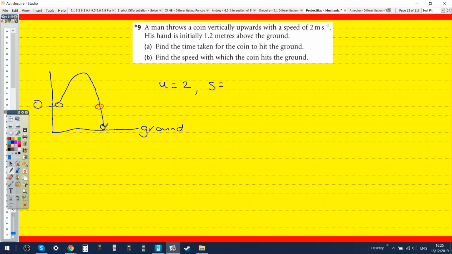What about down here? Would it be minus 1.2? Yeah, minus 1.2. So this is what we want. At that point, when it hits the ground, we know its displacement will be minus 1.2.